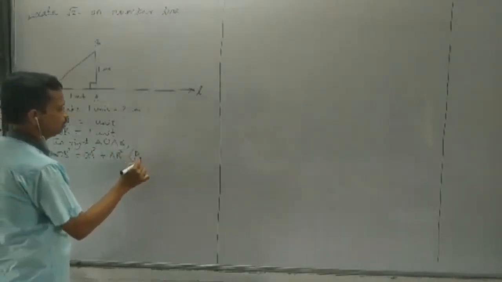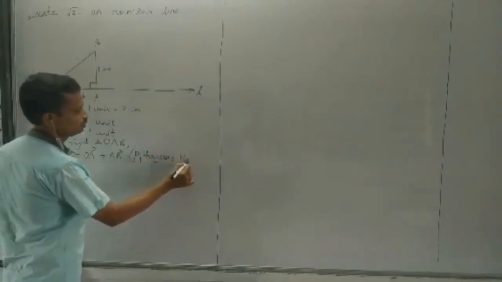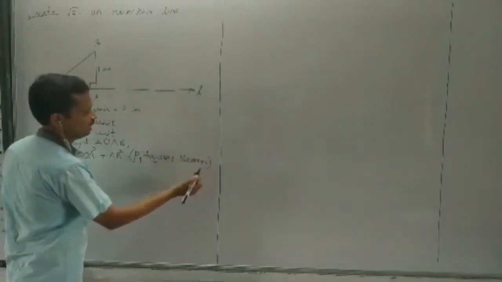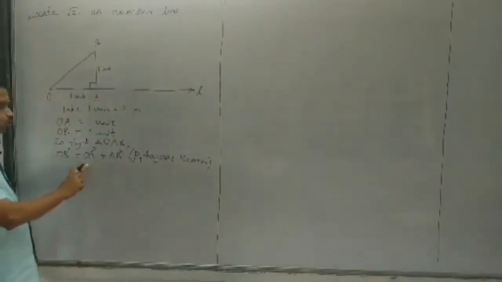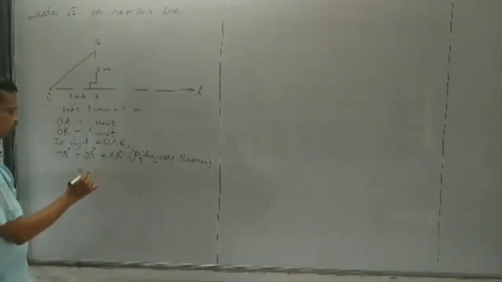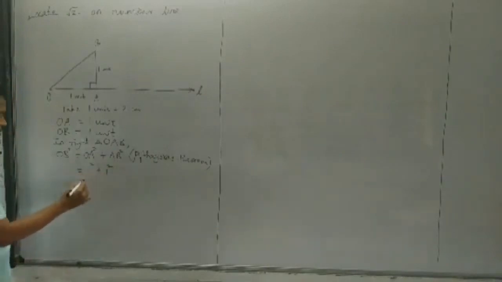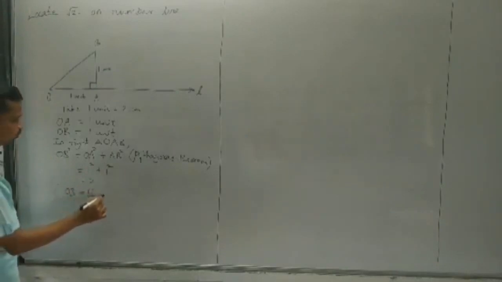This is by Pythagoras theorem. By applying Pythagoras theorem in this right triangle, we can take OB square is equal to OA square plus AB square. What is OA square? 1 square, because both are 1 unit. 1 square plus 1 square, 1 plus 1, 2. Therefore, OB equal to root 2 units.